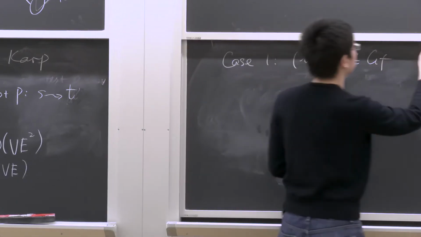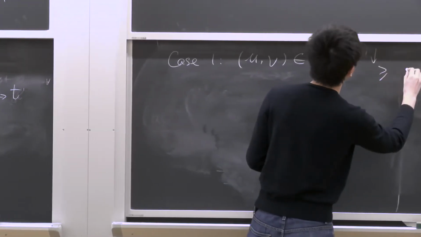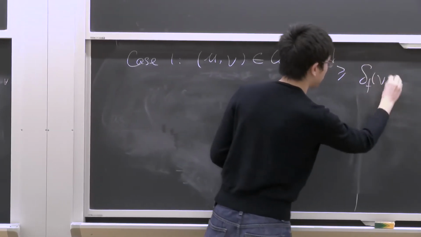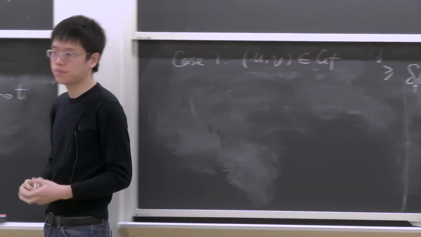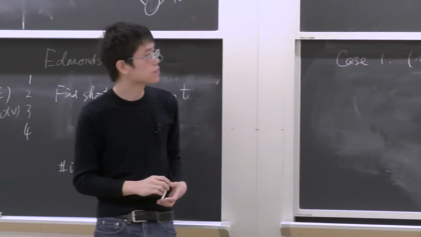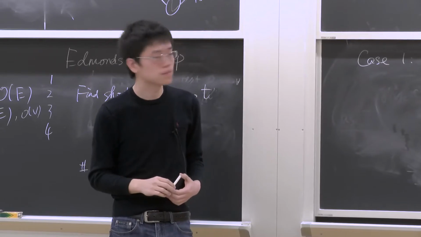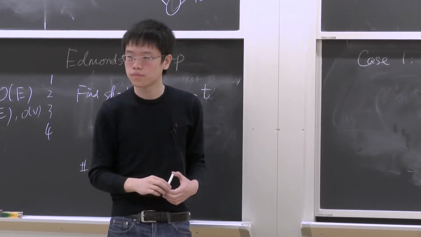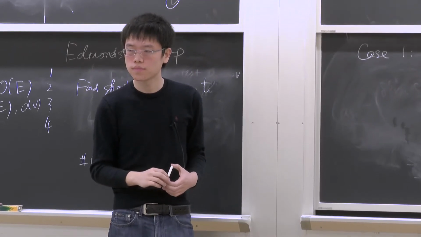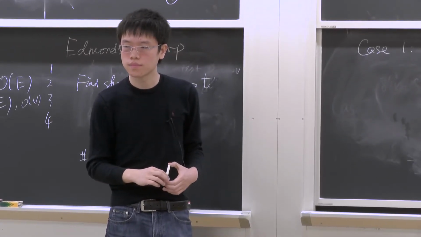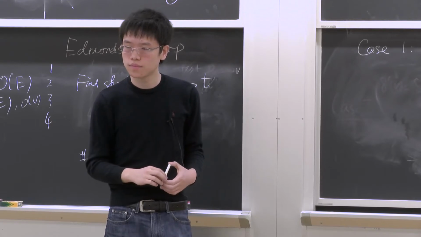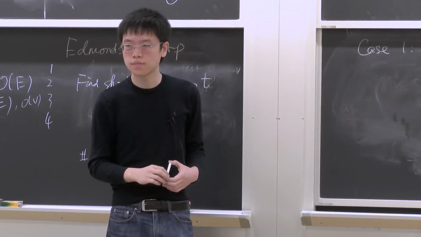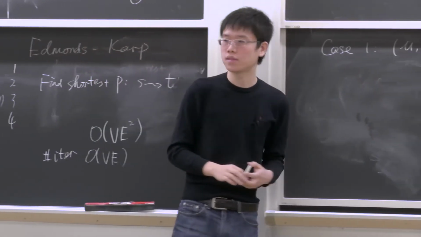Greater or equal to delta v. Okay, why is that? Because v was on the shortest path. Yeah, the shortest path from v either passed through u or didn't. Correct. Does everyone get that?